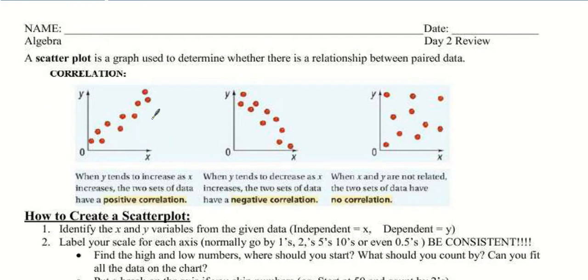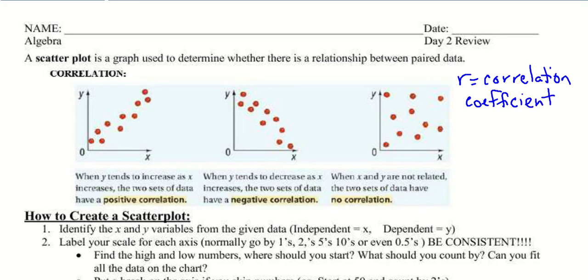So remember that the R value, okay, is referred to as our correlation coefficient. And when we run that number, it will tell us if there is a positive or a negative correlation, and whether or not it's strong or weak.